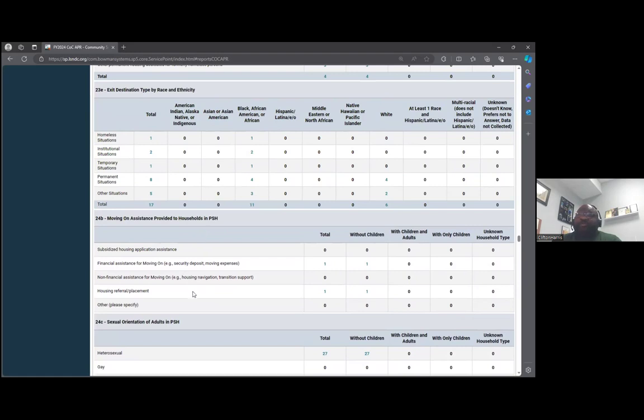if your grant year is prior to October 1st, and you've had some people that got moving on assistance that graduated before that, they're going to be included on this report, whatever the next report is you submit. So you probably want to go back and do some of those, or do all of those rather, for them to populate the report.